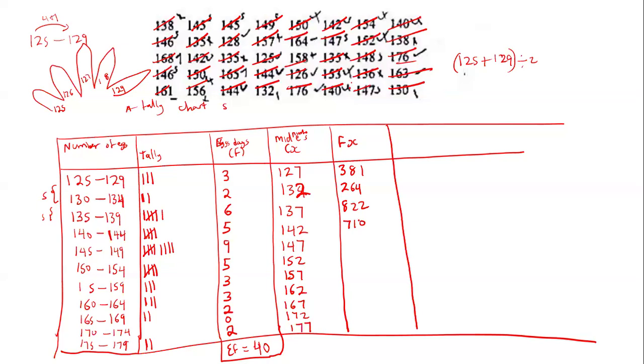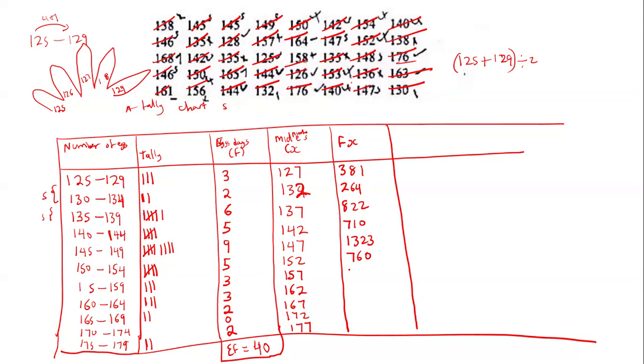Then I was still calculating for these others. 25 times 9, giving us 225. Where are you getting 25? Sorry, I was using the cumulative frequency. It is 147 times 9, giving us 1,323. Then 152 times 5, giving us 760.